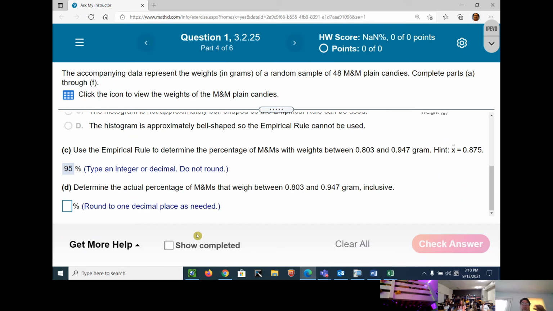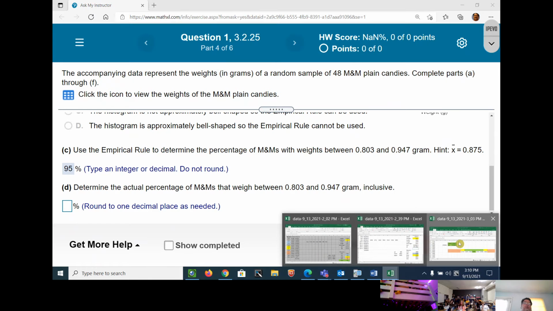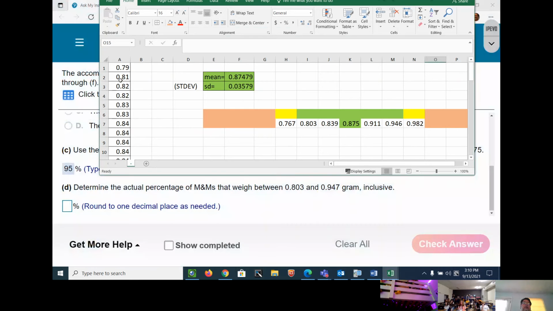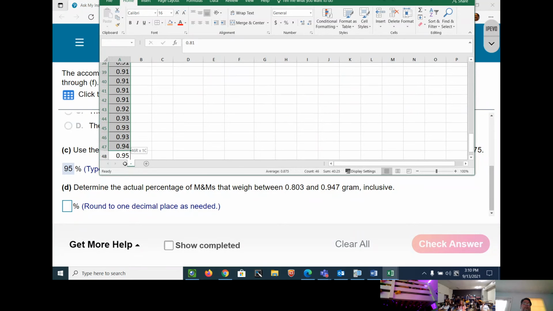Yep. So let's go and find between 0.803 and 0.947.